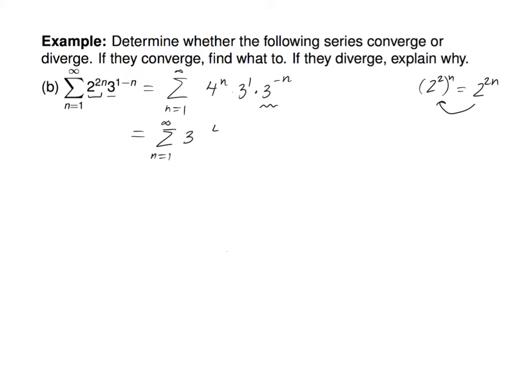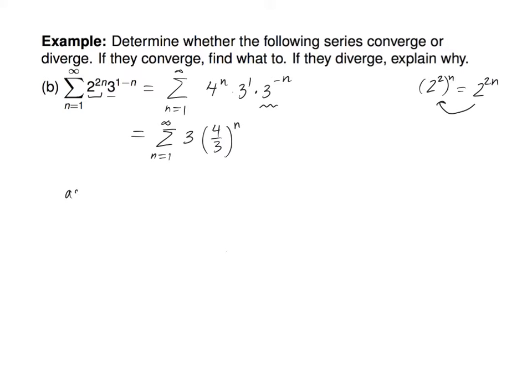So that becomes 4/3 to the n, because the 3 to the n goes down. And I claim at this stage, you don't even have to re-index, because your r is already equal to 4/3. If you re-index, a changes, right? But r doesn't change.